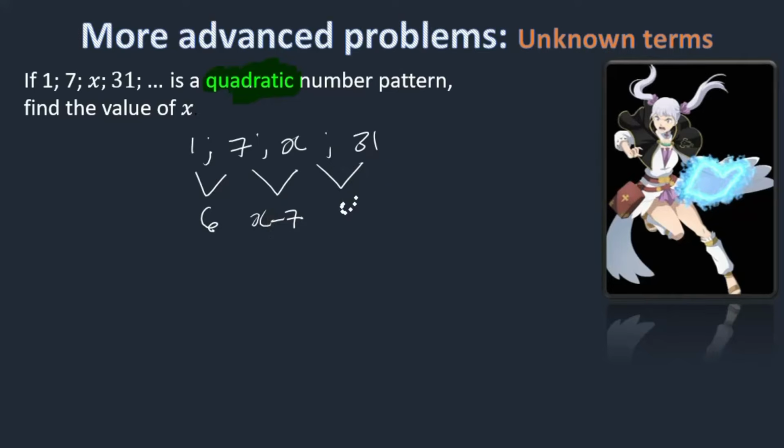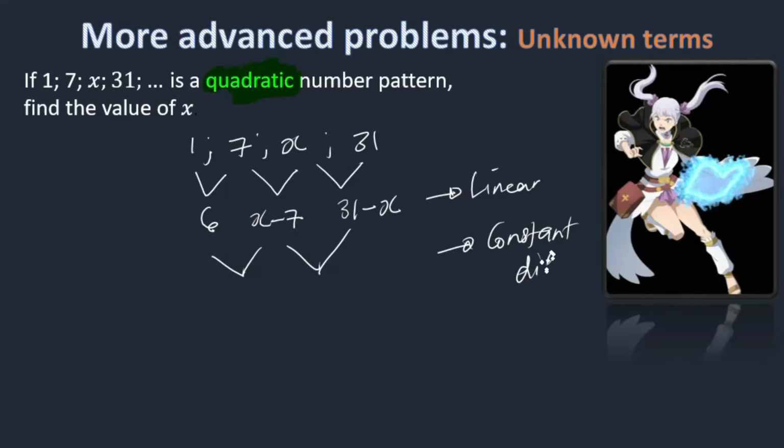And I know that what I should get here is 31 minus x. So I write it that way. 31 minus x. So this is linear, right? That's what we know. And then here, I must have the constant difference.